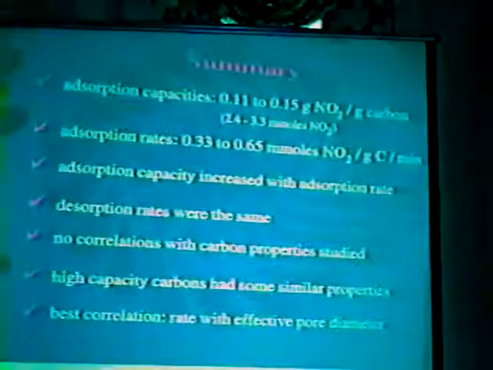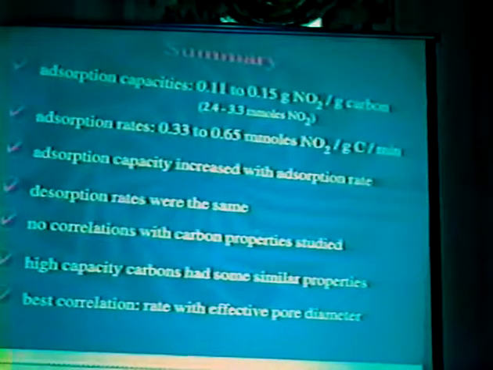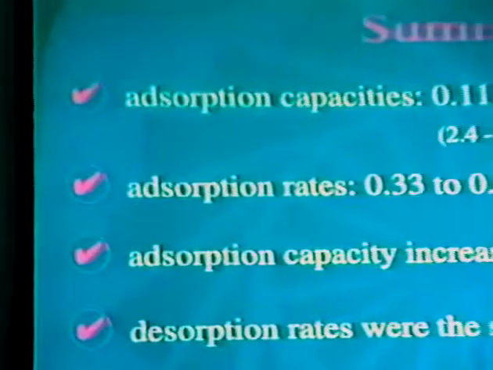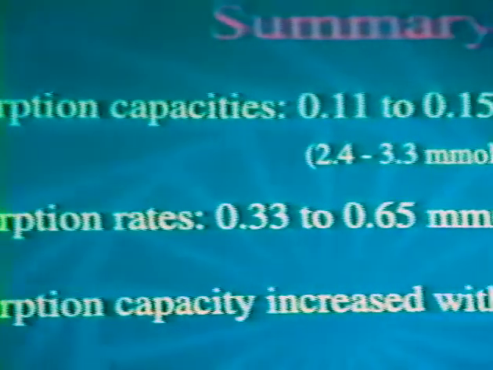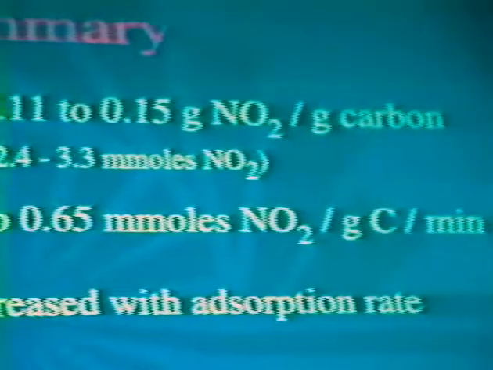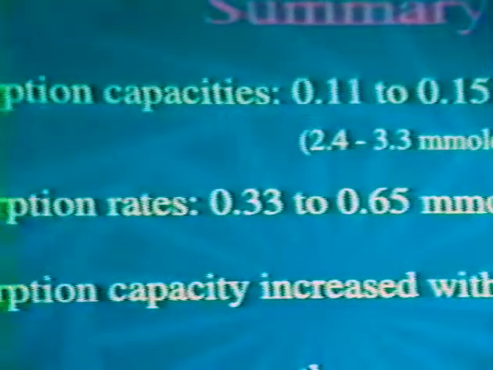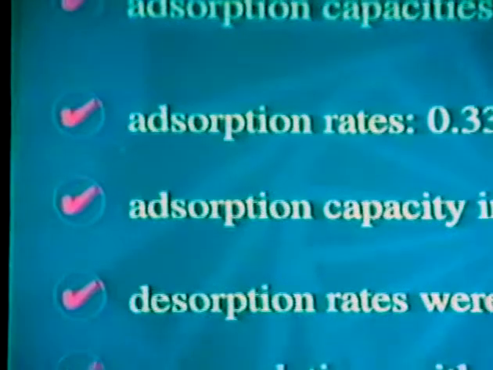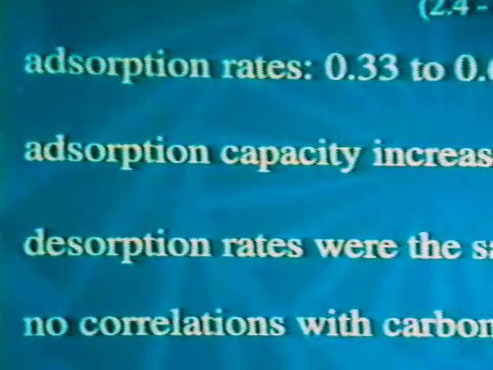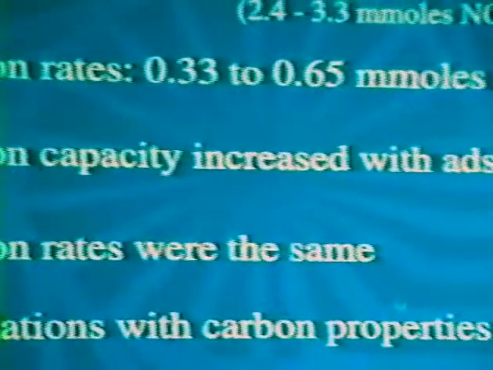Now to summarize this section. Of the 4 carbons that we studied, we saw adsorption capacities of from 0.11 to 0.15 grams of NO2 per gram of carbon. Adsorption rates varied from 0.33 to 0.65 millimoles of NO2 per gram of carbon per minute.